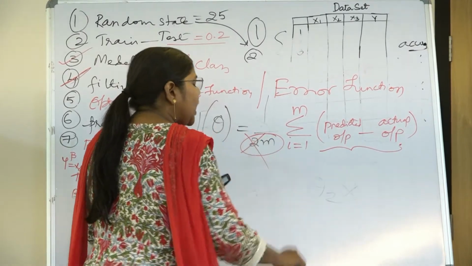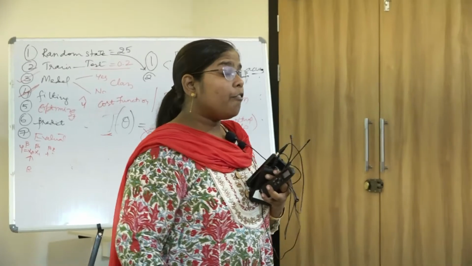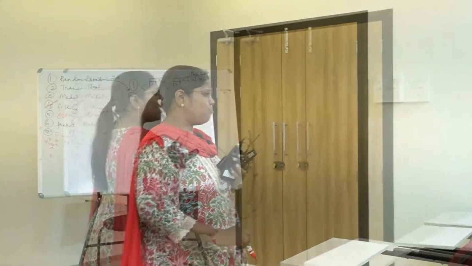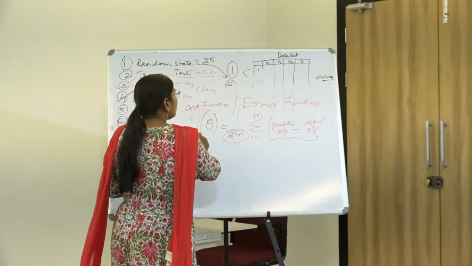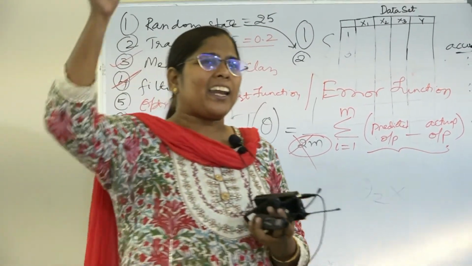Sometimes we take 2m, sometimes we take only m. When to take m, when to take 2m? When you are converting totally between 0 to 1, or when we are taking from minus 1 to 1. So what is the cost function, or what is the error in regression?